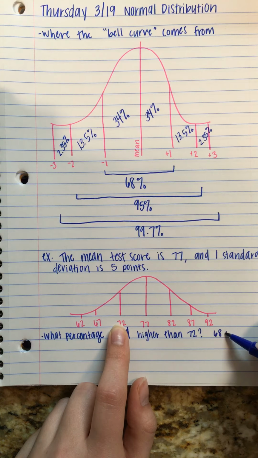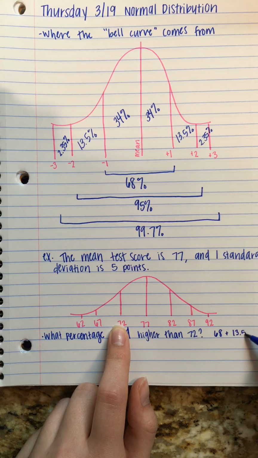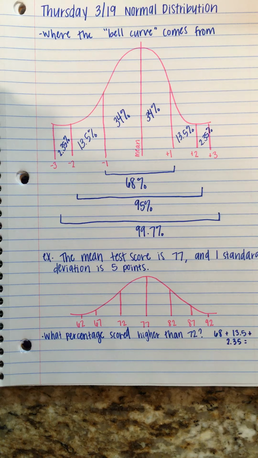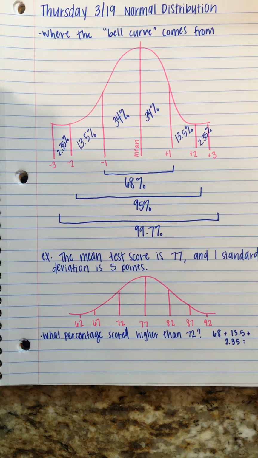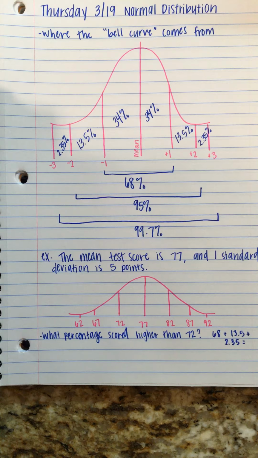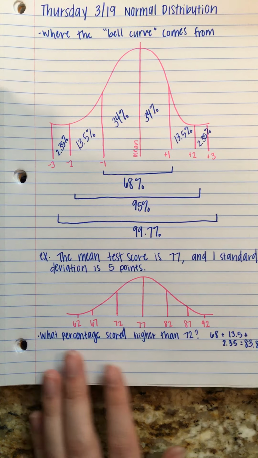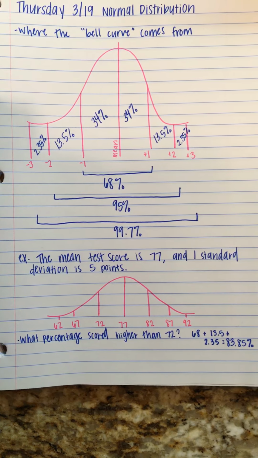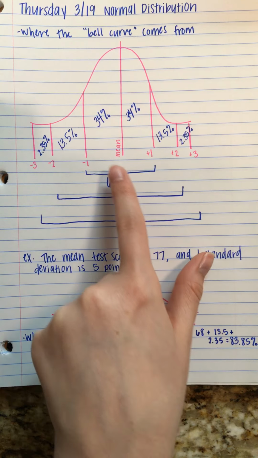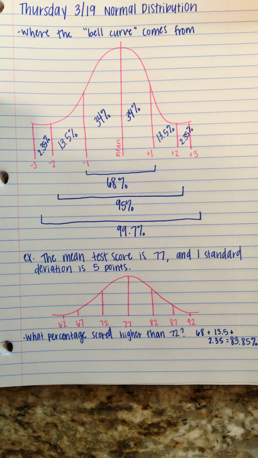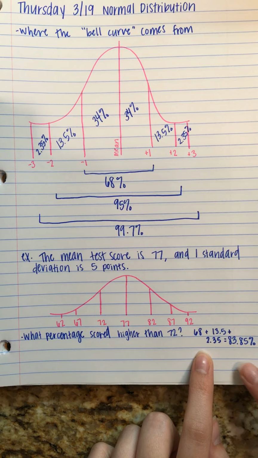So I'm going to do 68 plus 13.5 plus 2.35. I'm just adding it all up. So 68 plus 13.5, 81.5, plus 2, 83.5, so 83.85%. Just by finding these from these numbers up here, so 34 plus 34, and I got 83.85. I've not had my coffee yet, so if that's wrong, just break it to me nicely. But that's an example of what you could do here.